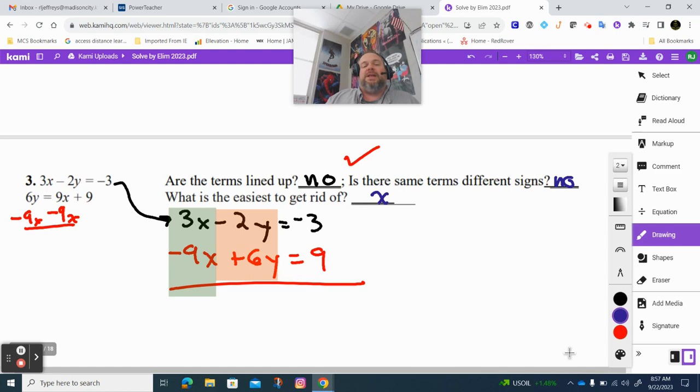What could we multiply 3x by to make it be positive 9x? No, what could we multiply 3 by to make it be 9? A 3, yeah.